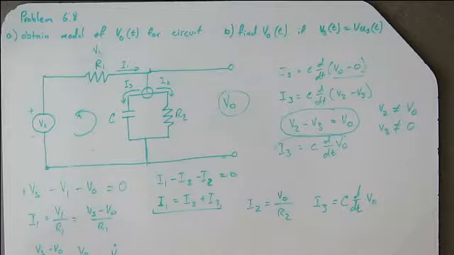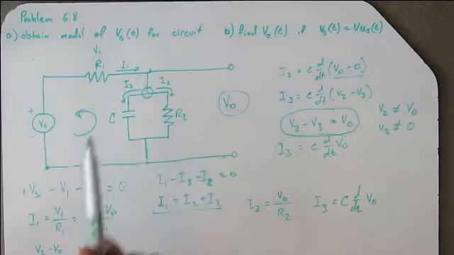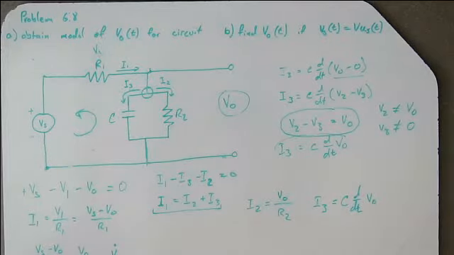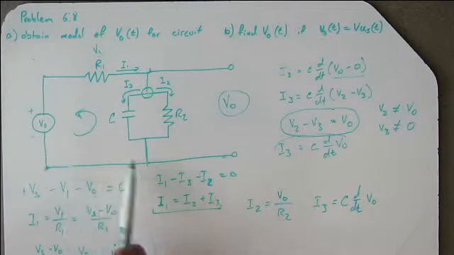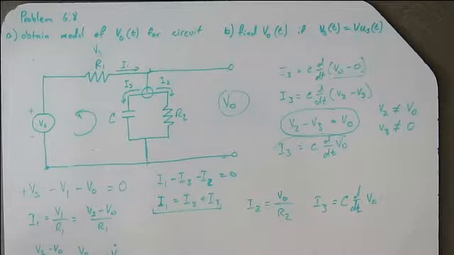So in the solution, it did work out to call this 0 and call that V out, but that would definitely be confusing if you had an AC voltage source and you knew that sometimes this side was a positive voltage and not 0. You don't have to call it 0.